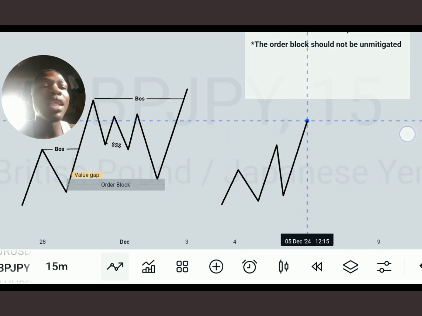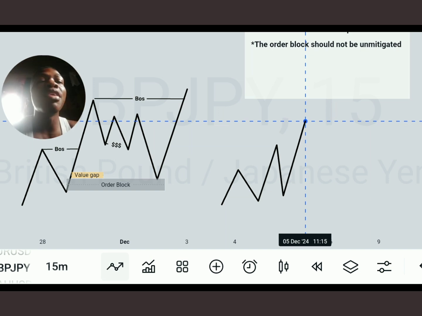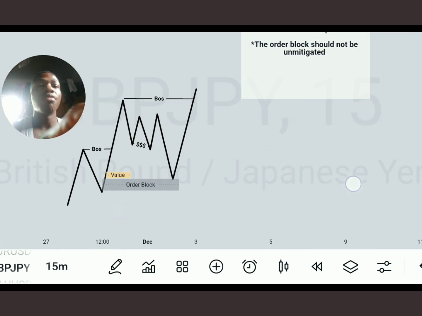This order block is now mitigated. So one of the rules of a valid order block is that it should not be mitigated. No candle should touch the order block until it reaches and sweeps liquidity, then you buy or you sell. So this is a valid order block.